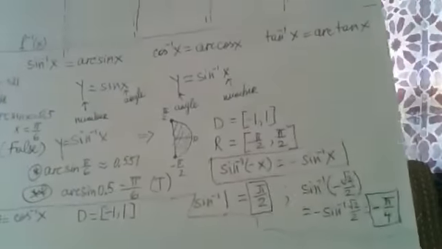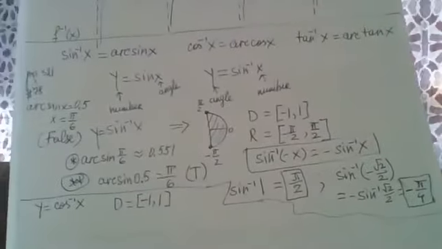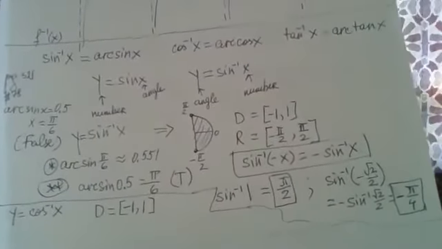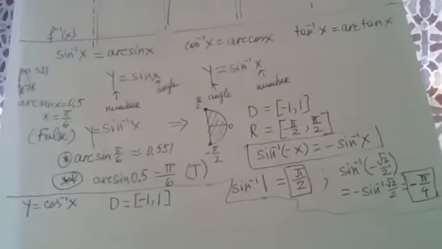Domain for that function is absolutely the same as for arc sine x. It is a closed interval from -1 to +1, or you can just say it is the segment [-1, +1].